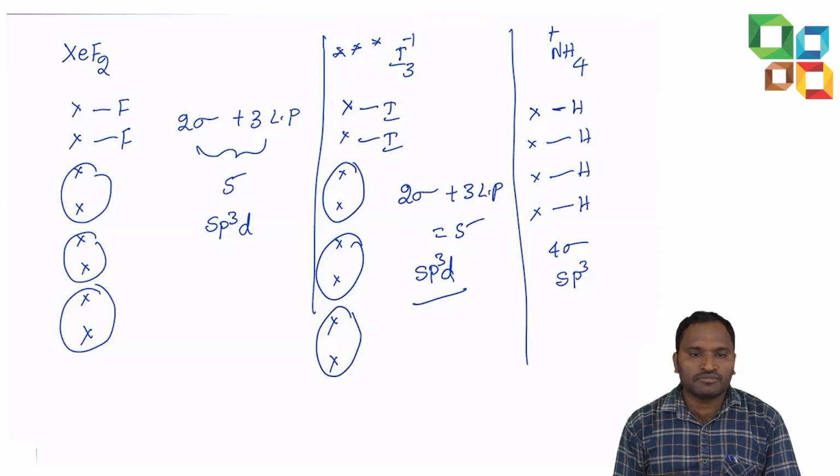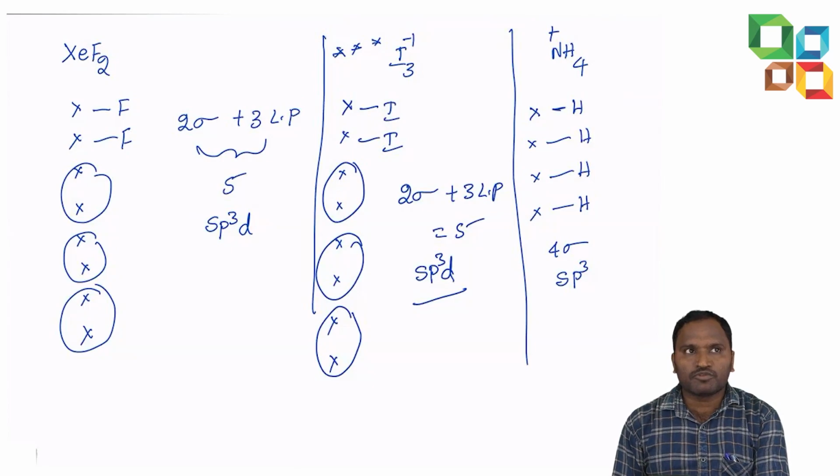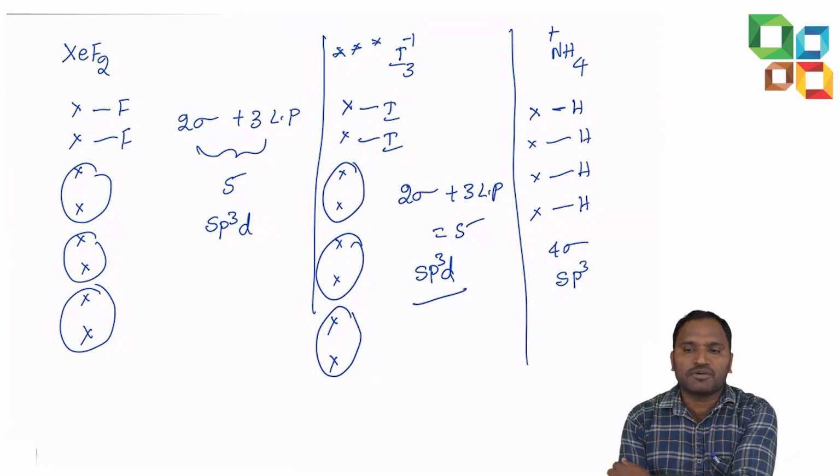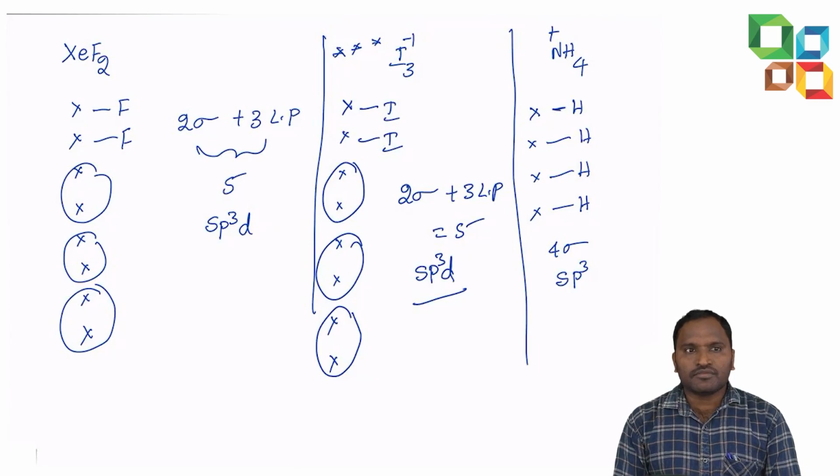If one atom is forming multiple bonds, only one bond will be considered, because that is the sigma bond. The rest are all pi bonds. Three, in case of cations, based on the positive charge, remove electrons. In case of anions, based on the negative charge, add the required number of electrons.